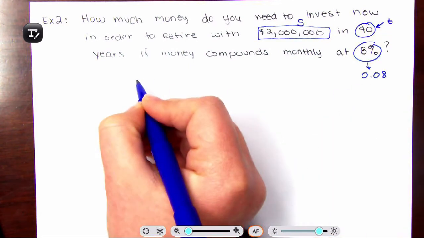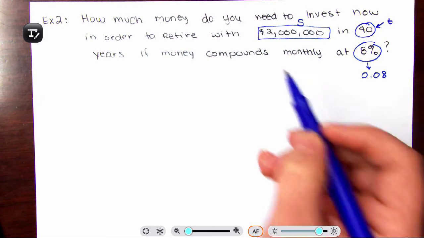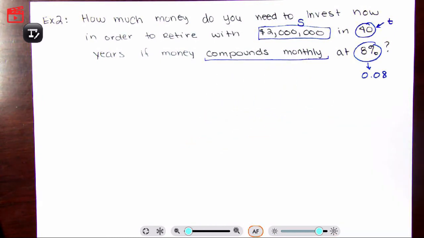So let's go ahead and figure some stuff. And the money gets compounded monthly. So when you're thinking about what formula to use, think how many times per year is this being compounded? If it's compounding once and only once, you're talking about simple.